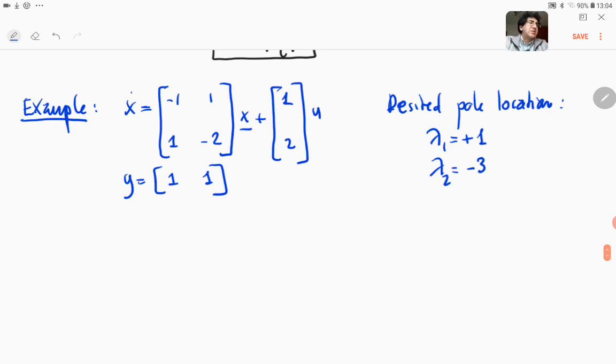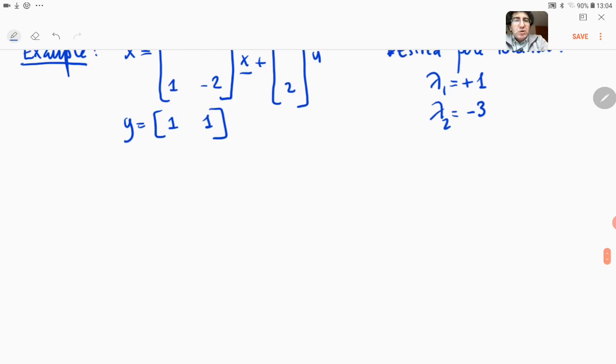I mean, this is a strange kind of desired pole locations because that makes an unstable closed loop system, but whatever. Okay, we know that we can use this procedure to place our poles arbitrarily in the S-plane.